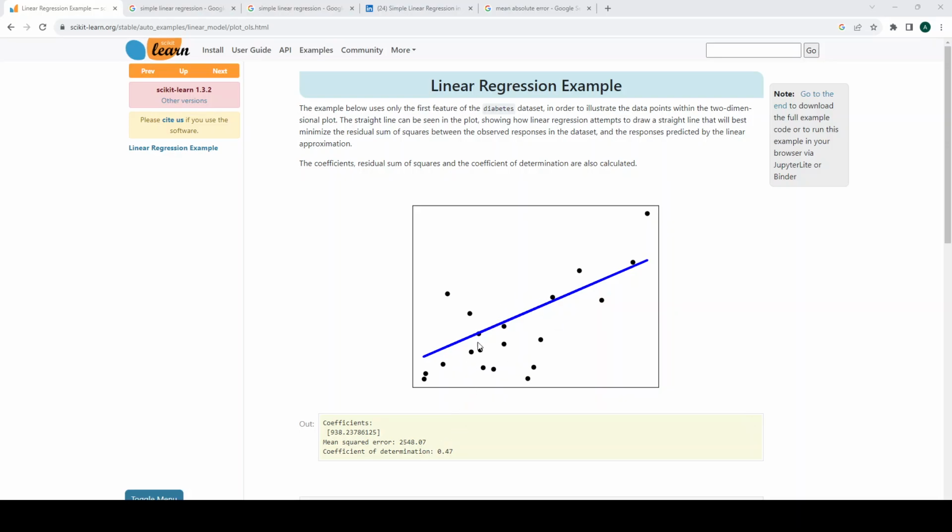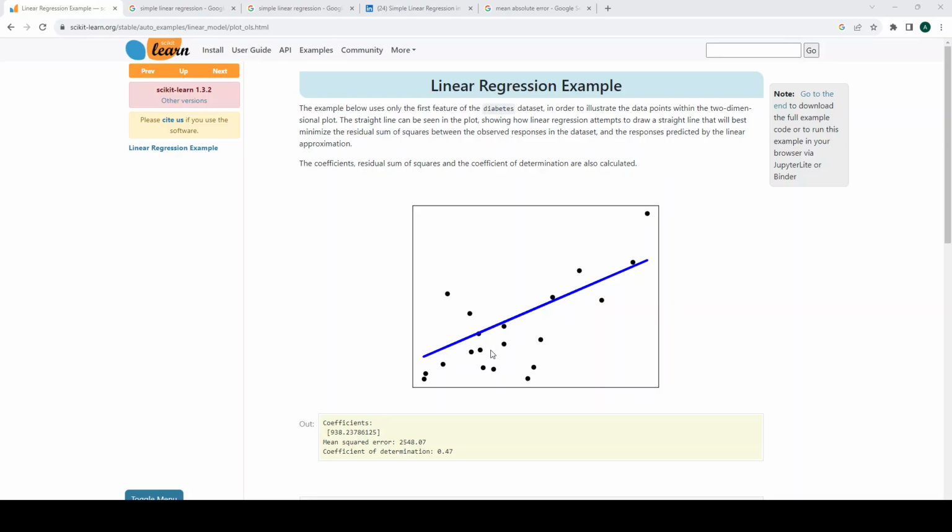But before that, let us look at this chart here. So this blue line is nothing but your model, which the machine learning model has created. And these blue points are actually your true values. So there is obviously this distance, right? These values are not as per the predicted values of the model, and there is some variation.